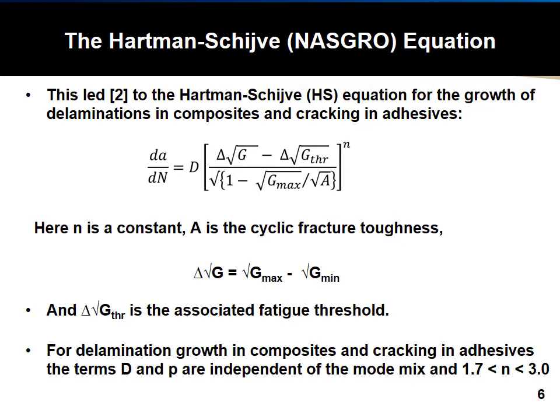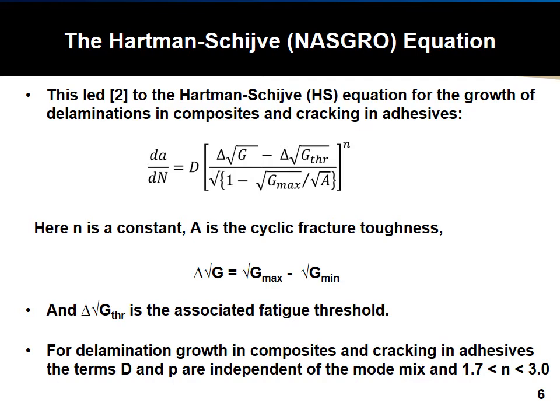This leads us to discuss the equation that should be used to compute crack growth in adhesively bonded structures. The equation that we will use in this presentation is given on this slide. This relates da/dN to delta square root G. This is because the crack tip stress field is governed by square root G. In this equation, D and P are constants, and A is the cyclic fracture toughness.